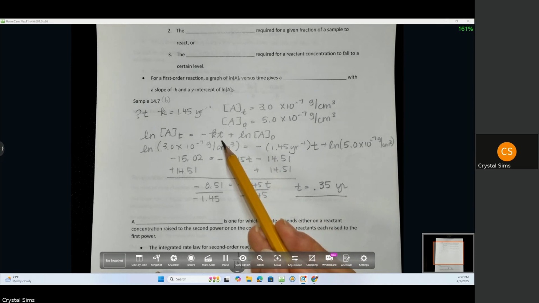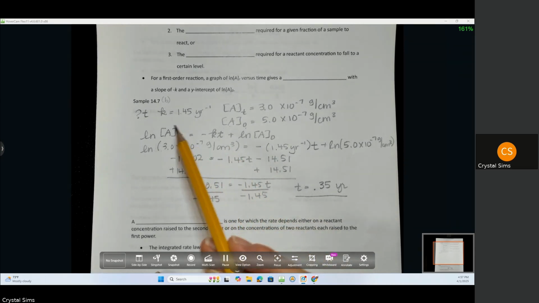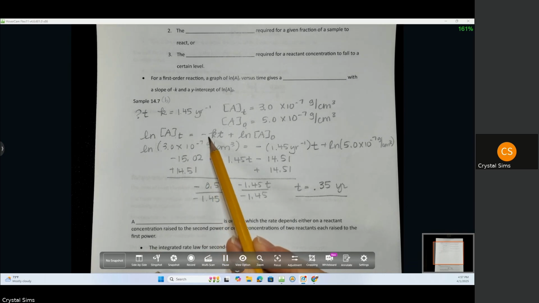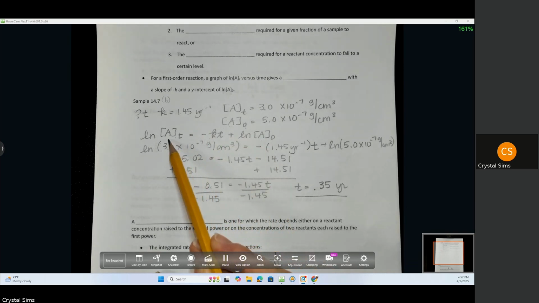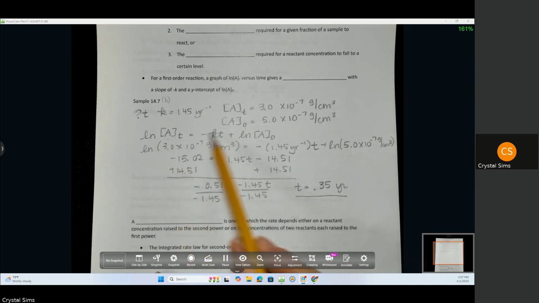They're giving us T, which is 1420 seconds, and they want to know the pressure at a certain time. So we have the K, the T, and our initial pressure, and we're solving for our pressure at a certain time. So we can use this exact same equation even if we're not specifically talking about concentration.